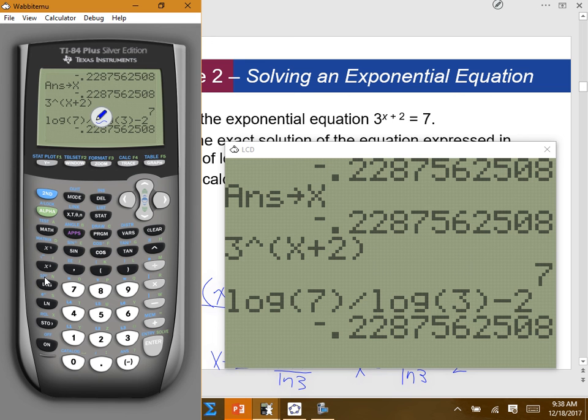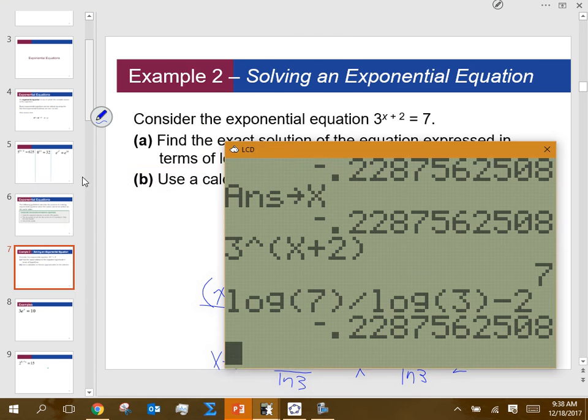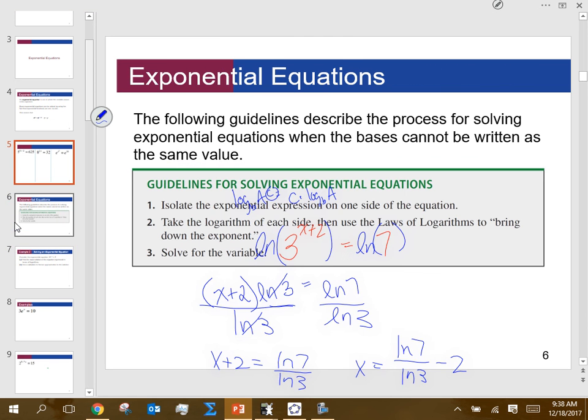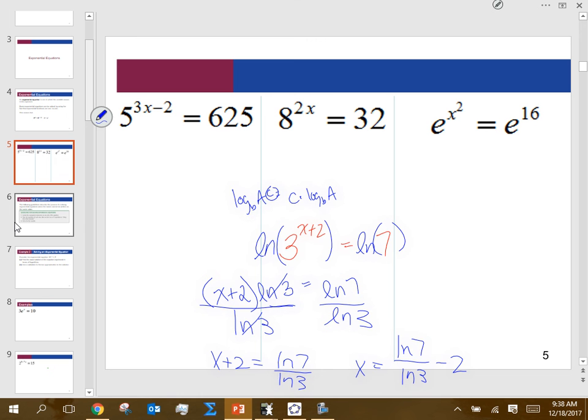A lot of times, the base of the logarithm that you want to choose, because it's up to you, if you can choose a base that is consistent with the base that's inside your exponential, for instance, and I'm not going to get into this with you and show you how to do this because it's just going to consume a lot of time. Maybe that first one, because the base of the exponential is 5, maybe the best thing to do is use log base 5. Because in that middle one, we ended up with the base of the exponential being 2. The best thing might be to use log base 2.